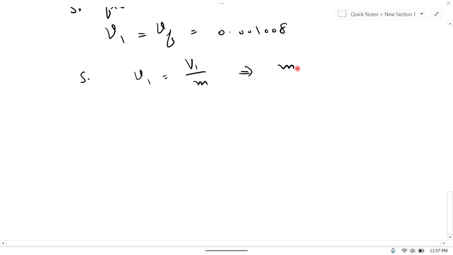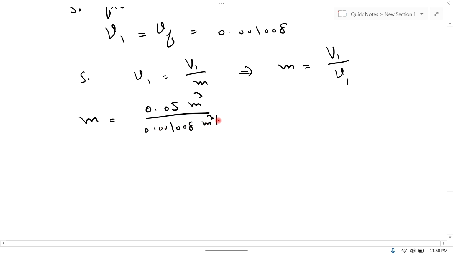Rearrange this equation and find mass. Mass is equal to total volume divided by specific volume. Total volume is given to us as 0.05 cubic meter in the given data, and specific volume is 0.001008 meter cube per kg.